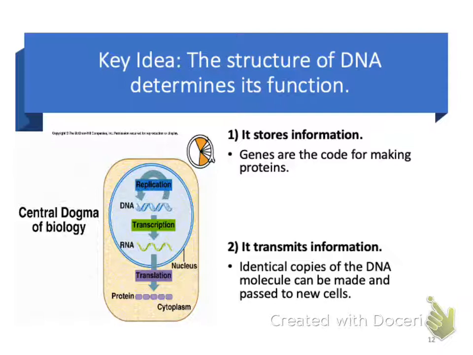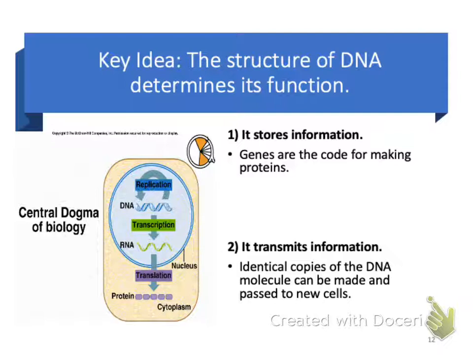They do this through the processes of transcription and translation. The second semester of this course is going to focus on gene expression and how we go from the code in DNA to proteins. Our first semester will focus on the second job. DNA transmits information.